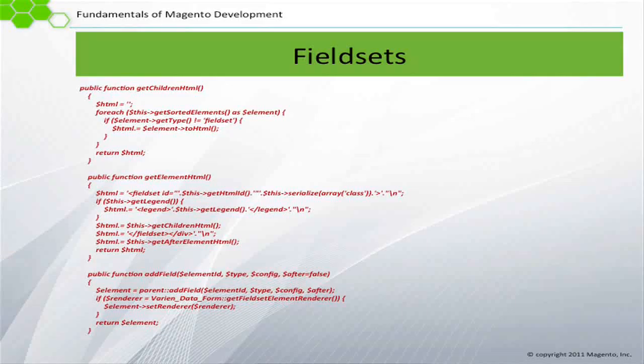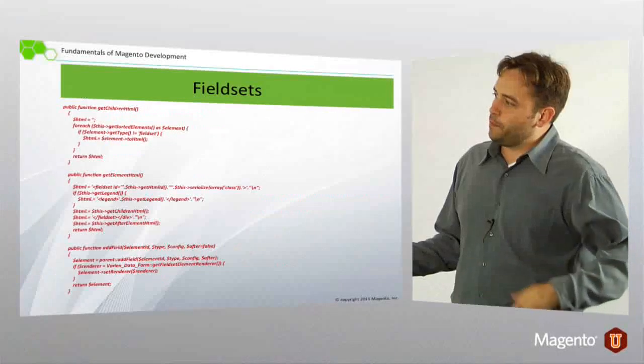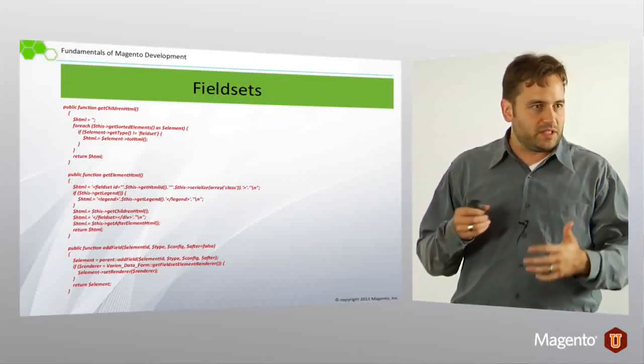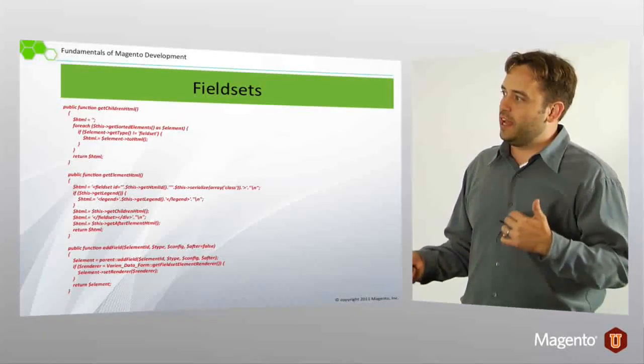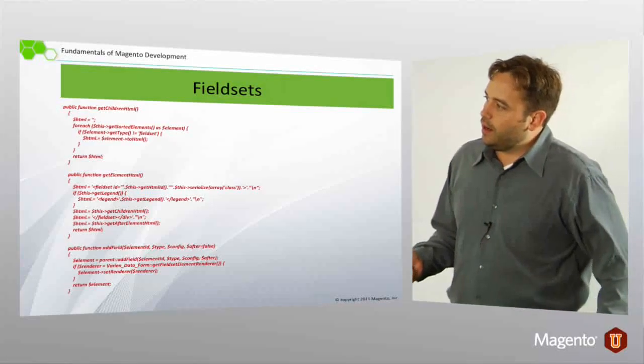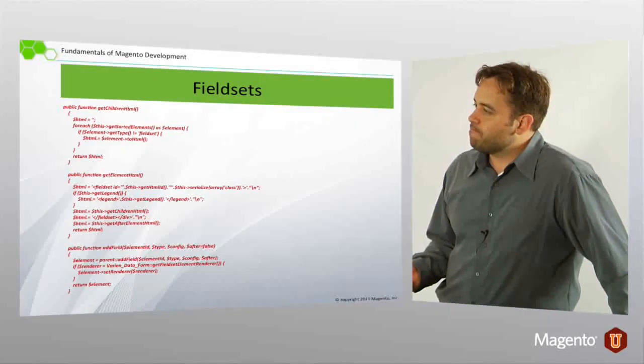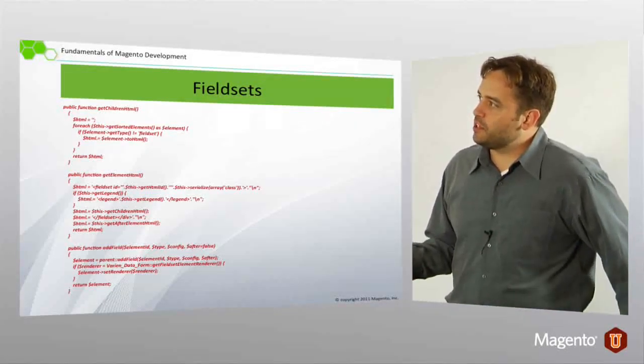So, what would I like to discuss in here? So, get children HTML, sorted elements. What we have to do is define some element types in order to add fields to our field set. So, let's see. A couple of things to point out here.